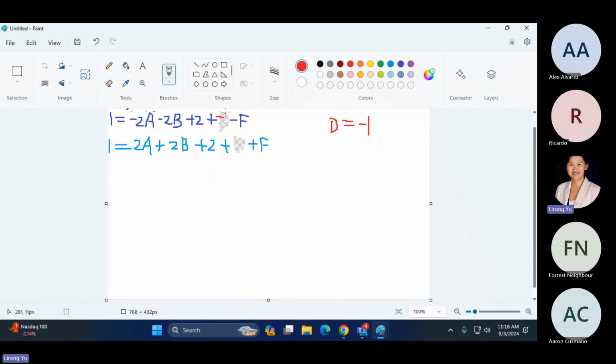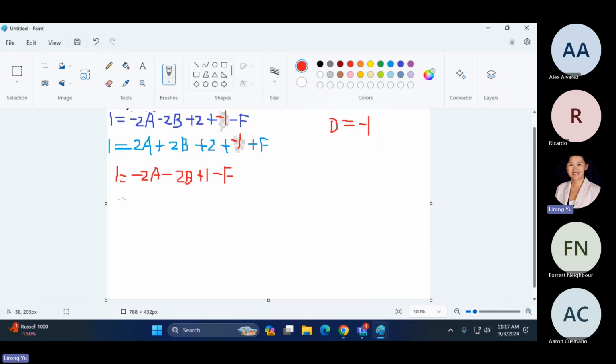So that's -1, and that's -1. 2 plus -1 equals 1. So the equation looks like this: 1 is equal to -2A minus 2B, and then 2 plus -1 is 1, so plus 1 minus F.